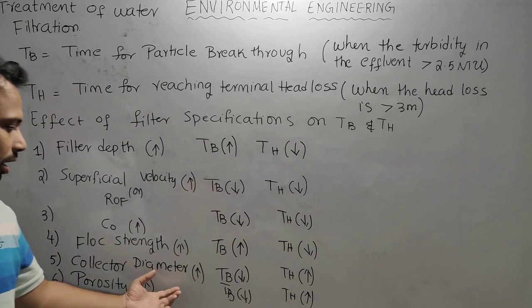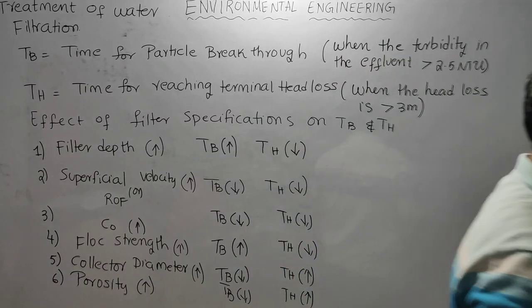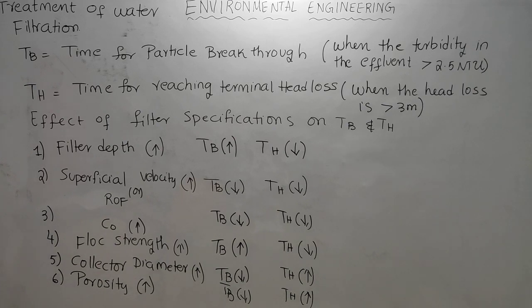When the size increases, the porous spaces increase. Here, porosity is given directly, whereas increasing the collector diameter is the indirect way by which porosity increases. Are you getting my point? If you increase collector diameter, porosity will increase, so TB is decreasing and TH is increasing. When you increase porosity directly, the same effect will prevail.